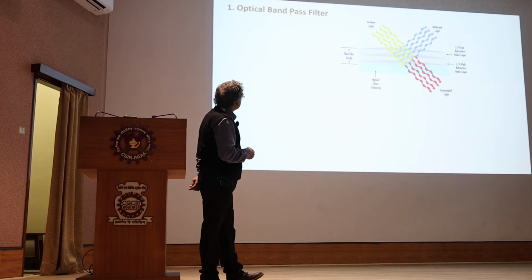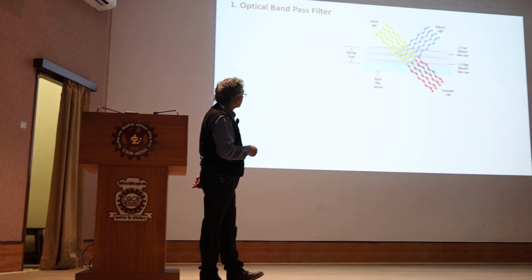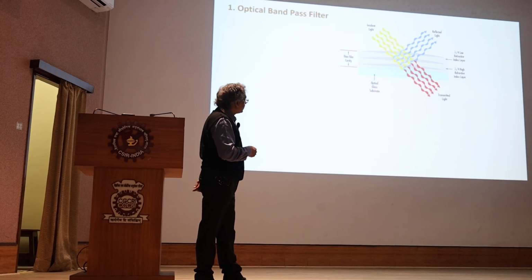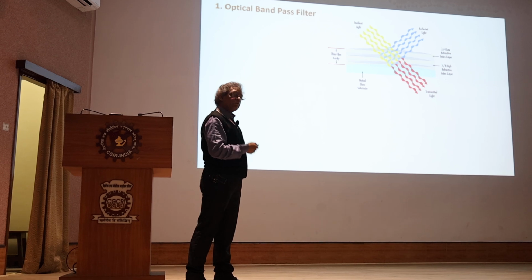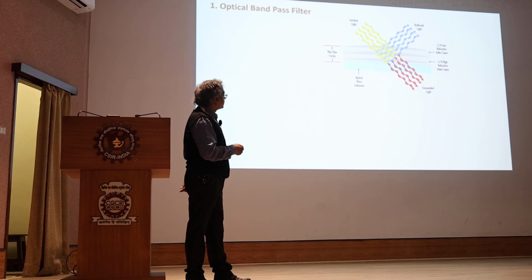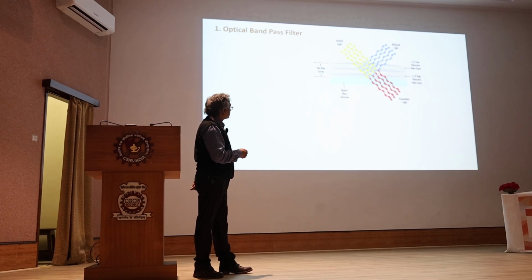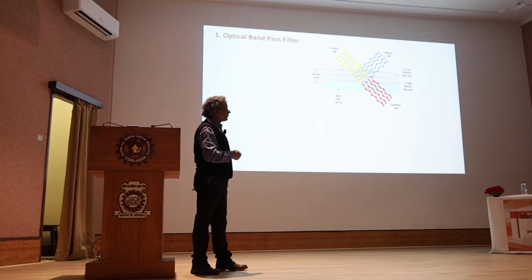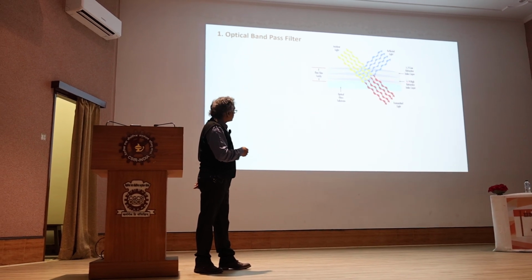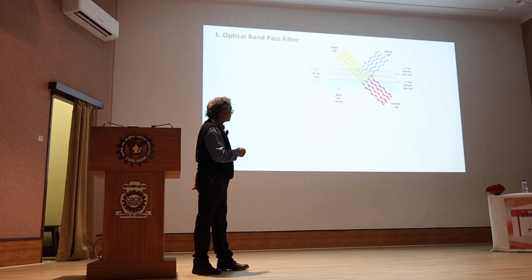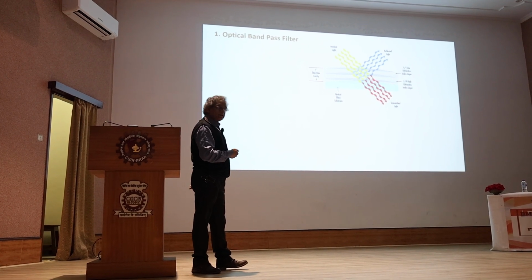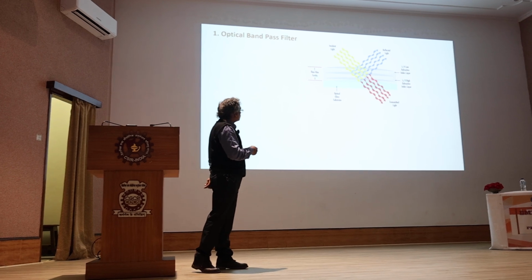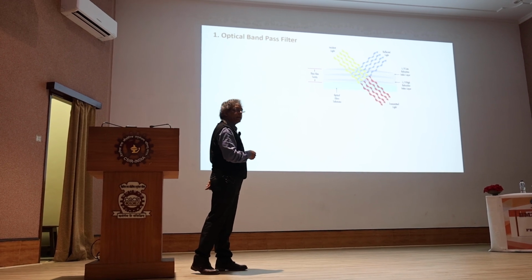So if we come back to the fundamental of an optical bandpass filter, what we have in optics, there is a very special type of optical glass where also CGCRI plays a very important role. It is a bulk optics in the form of a disc, and then we have a number of thin layers of dielectric material and in some cases metals also to form a wavelength selective filter.